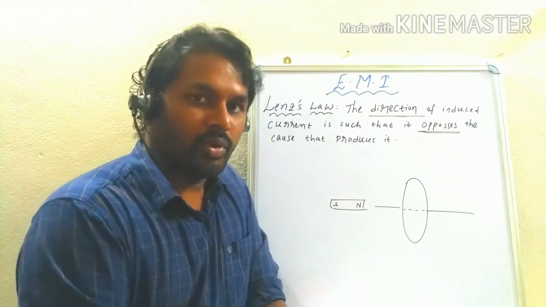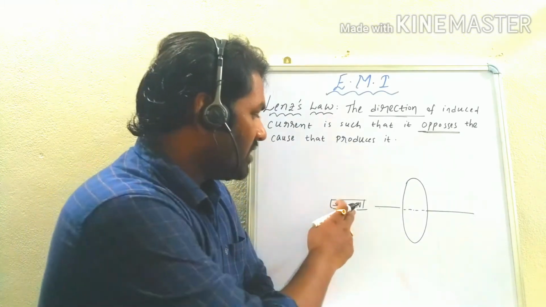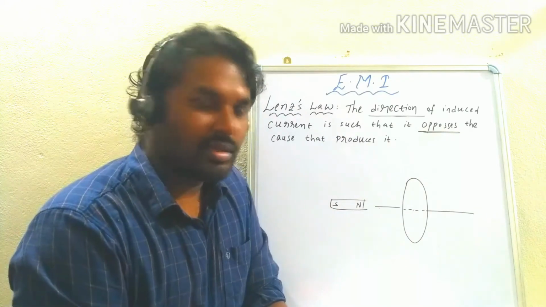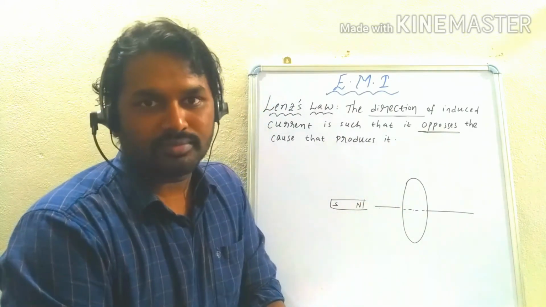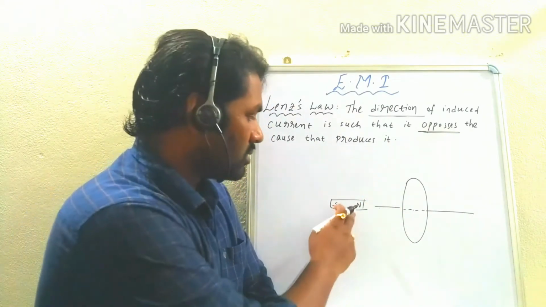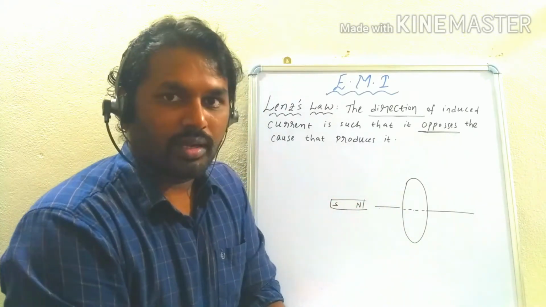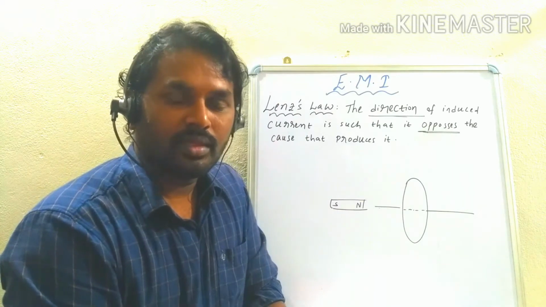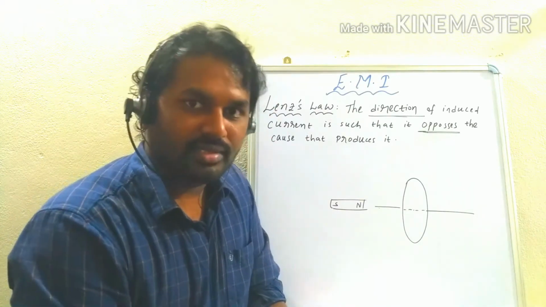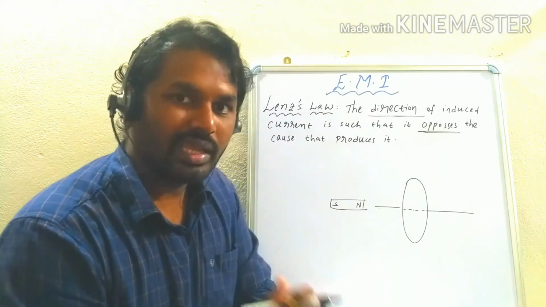The two things are important. Which pole is closer to the face of the coil? The north pole. The north pole is moving towards the coil, which means the magnetic flux linked with the coil gradually increases.